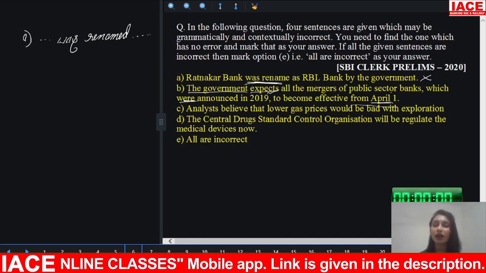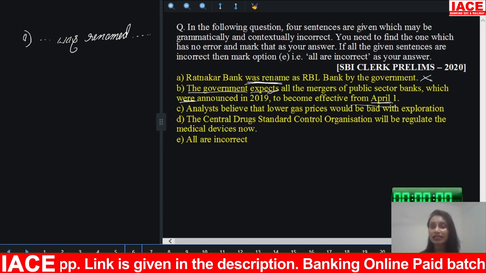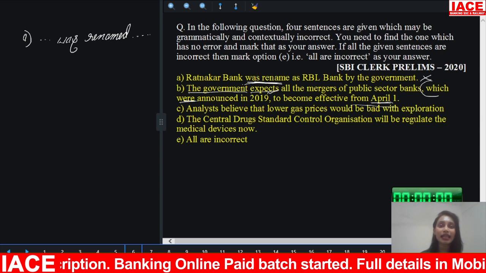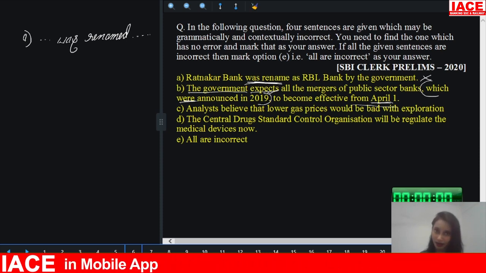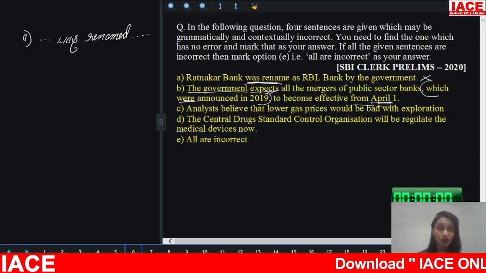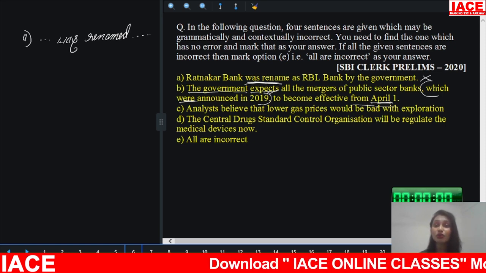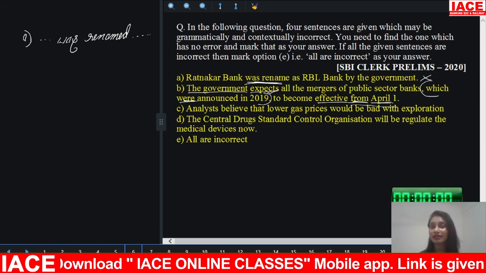So this part, which were announced in 2019, is additional information given about the mergers of public sector banks. So the government expects all the mergers of public sector banks to become effective from April 1st is correct.